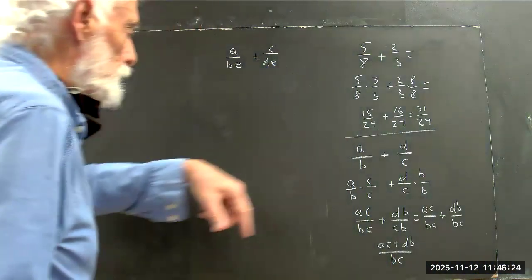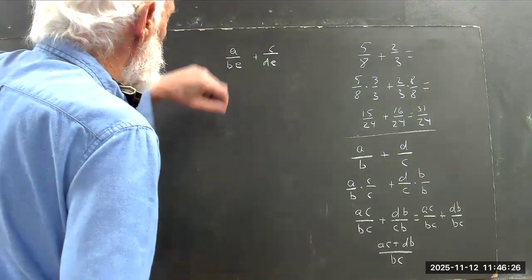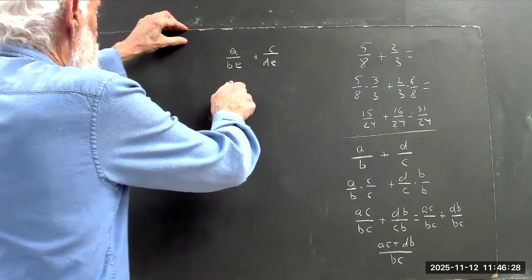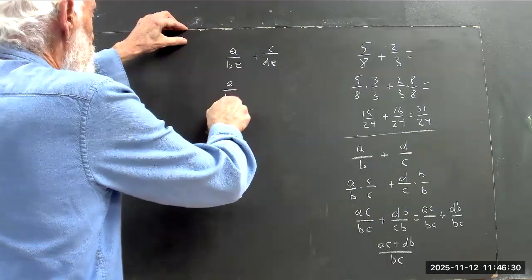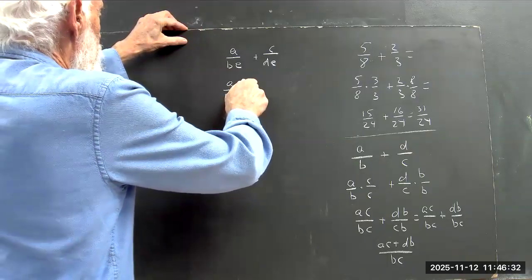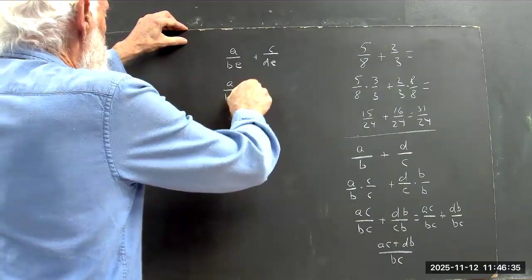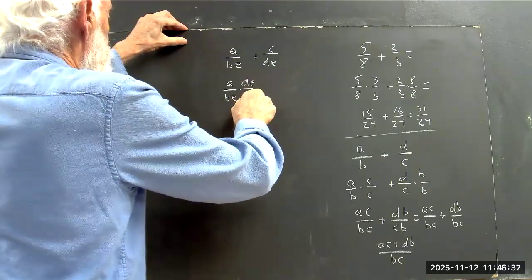Getting a little more complicated. If you imitate what we did here, you could just multiply A over BE by DE over DE.